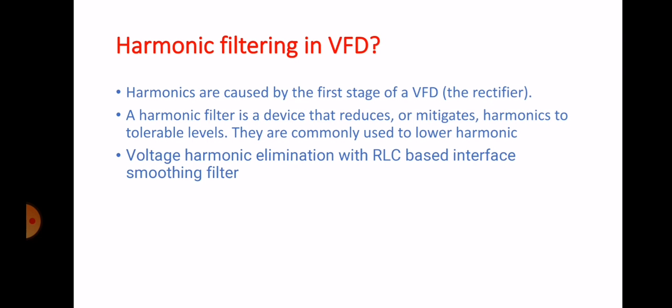Harmonic filtering circuit in VFD. What is the function of harmonic filtering in VFD? The harmonics are caused by the first stage of VFD. This is due to the rectifier. A harmonic filter is a device that reduces or mitigates harmonics to tolerable levels.